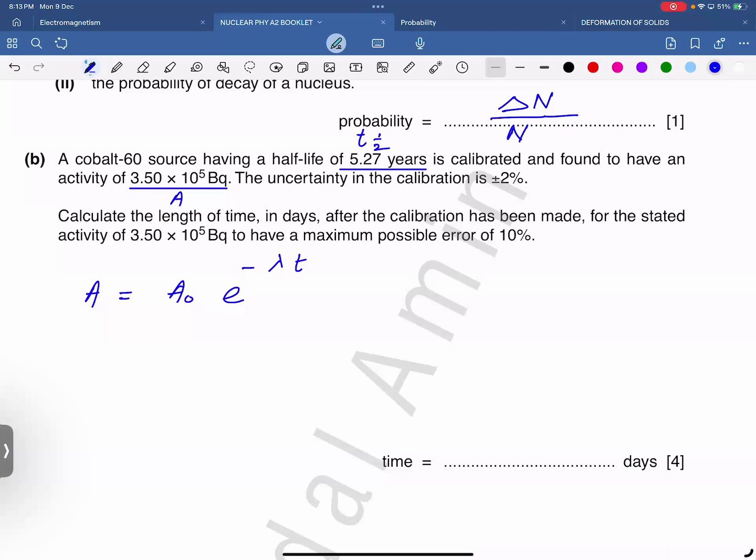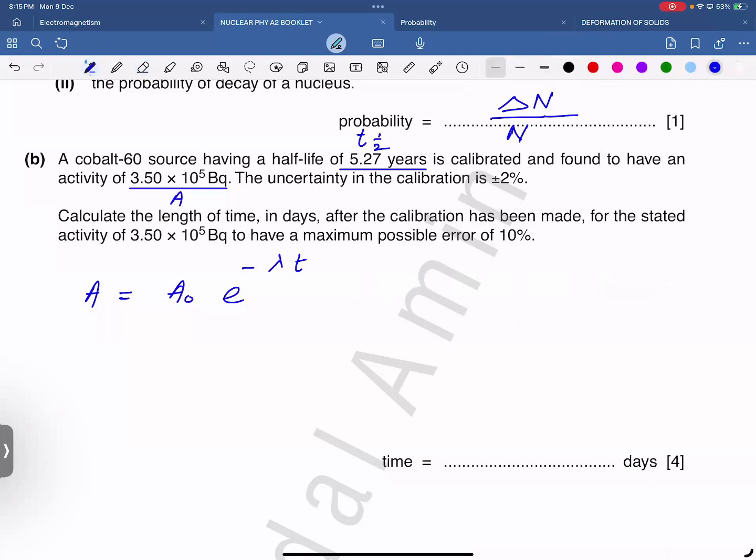And if you compare with 100, uncertainty in calibration is 2%, and then to have a maximum possible error of 10%.